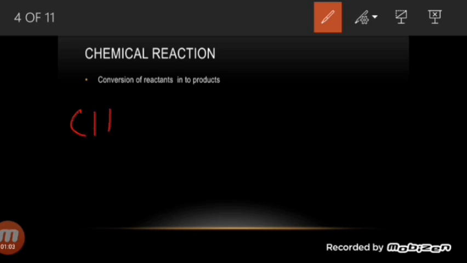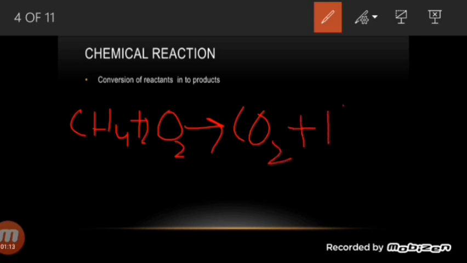The formula of methane is CH4. When it is oxidized, it produces carbon dioxide along with water. So this is the equation of the combustion of methane. It is a chemical process.